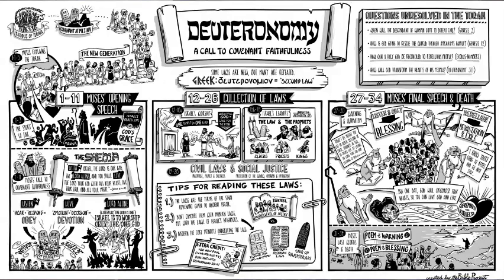Also, is the structure of Deuteronomy based on the secular treaties of Moses' day? Now, during the last 35 years, many evangelical scholars have supported the Mosaic authorship of Deuteronomy by appealing to the similarities between the structure of the book and the ancient Near Eastern treaty form of the mid-second millennium BC, the approximate time of Moses.